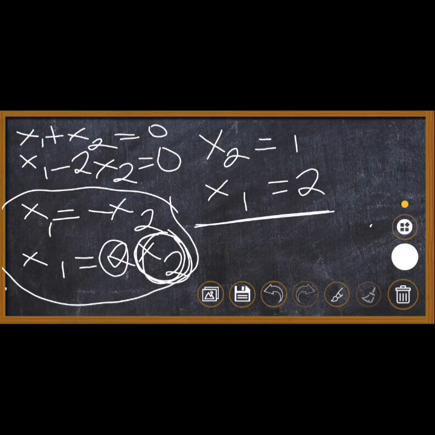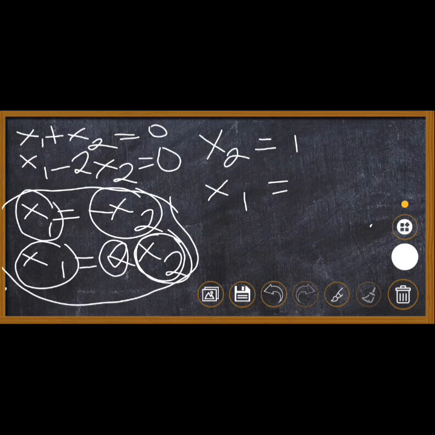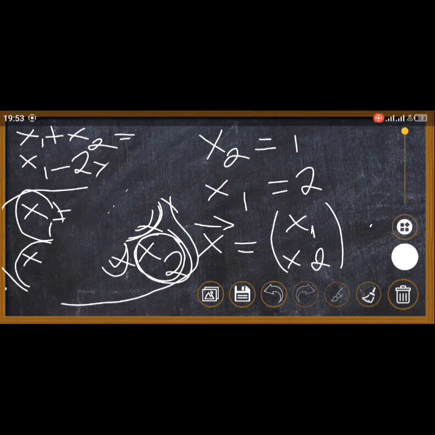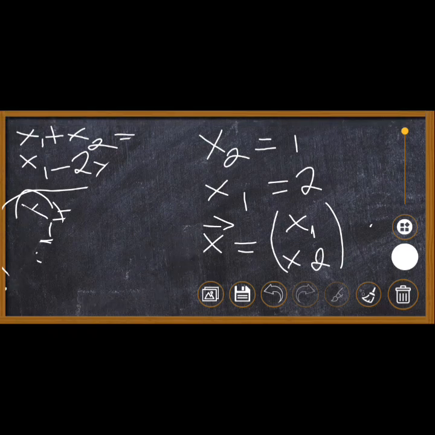So this is one method. The other method we can use is replacing where there is x1 with the value found, since this implies that where there is x1, there is this value. It's also going to give the value. Remember our eigenvector was x1 and then x2. We replace whenever there is x1 with the value we found, and whenever there is x2 with the value we found.